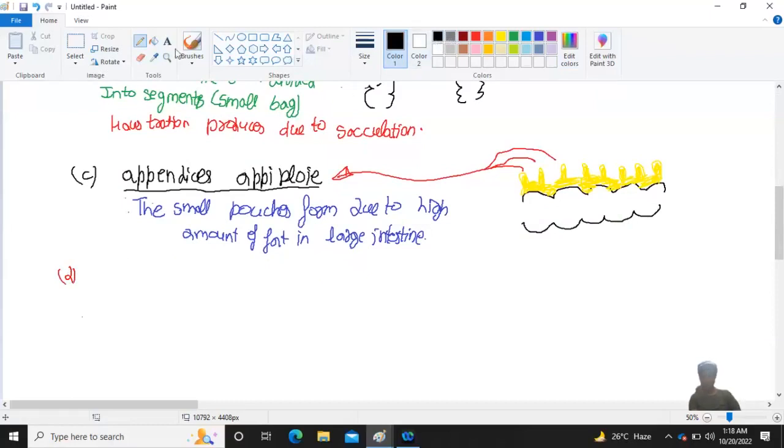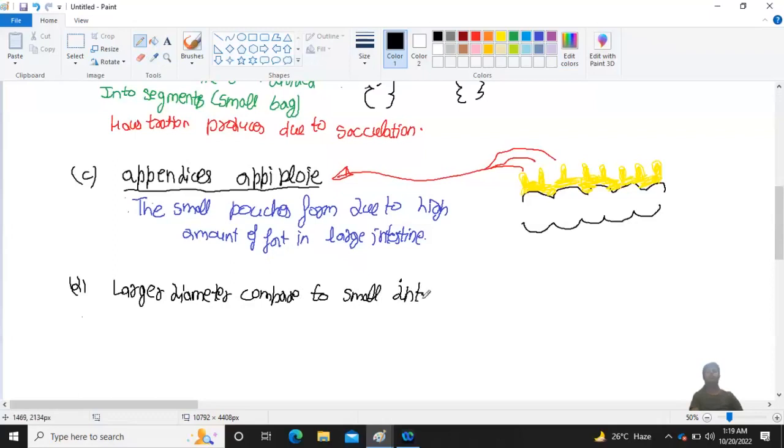Obviously, the large intestine has a larger diameter compared to the small intestine. Next, it is valveless.